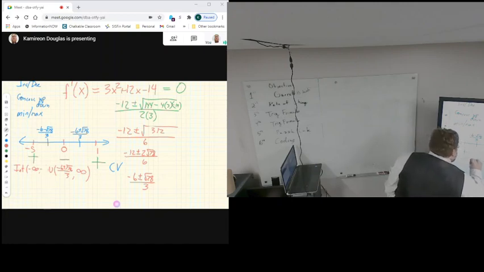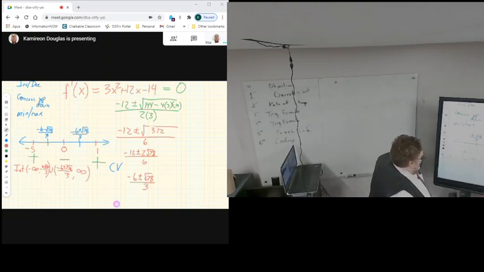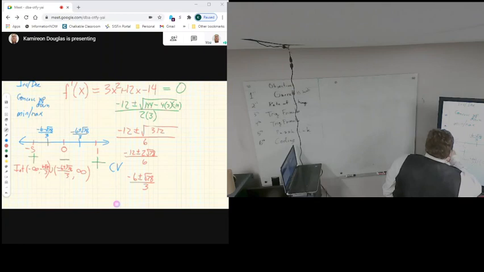Always use the critical values as your boundaries. And intervals of decreasing: negative 6 minus and then negative 6 plus.